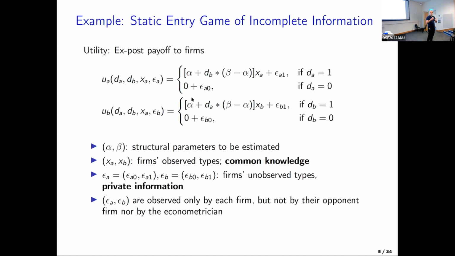That's going to be like idiosyncratic shocks to their investment decisions, whether or not they want to be active in the market. They're going to be private information, okay? The epsilons are observed by each firm, but not by their opponent, nor by the econometrician. So that's just a static version of what we've seen so far.